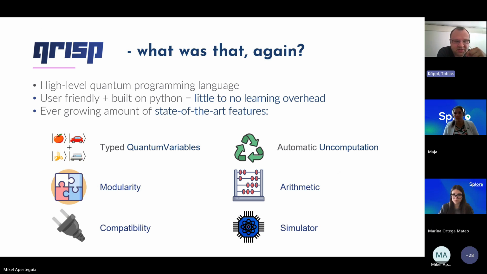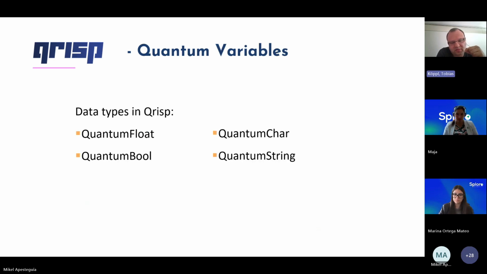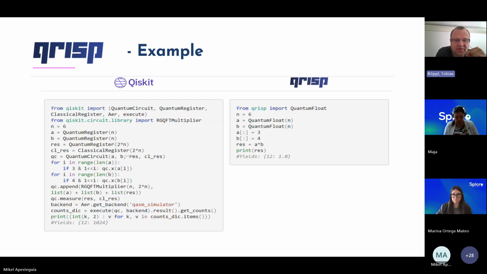One remarkable feature of Qrisp is, for example, that in contrast to other quantum programming languages, you have quantum variables. Next slide. For all the known data types you have in a standard programming language, float, bool, character, string, you have the quantum versions there, and this allows, for example, implementing a simple task like computing the product of 3 and 4 in a very compact way.